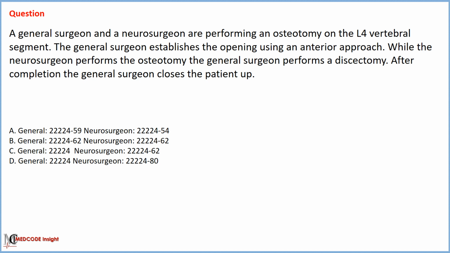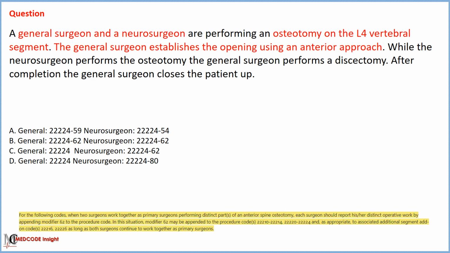Option C, with the code 22224 for the general surgeon and 22224 along with modifier 62 for the neurosurgeon. Option D, with the code 22224 for the general surgeon and 22224 along with modifier 80 for the neurosurgeon.